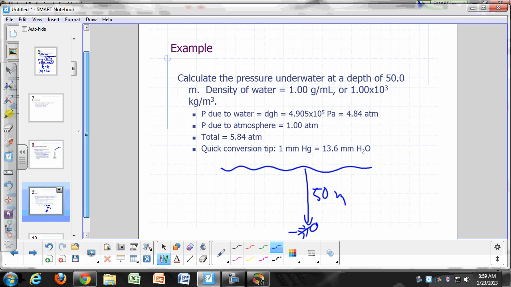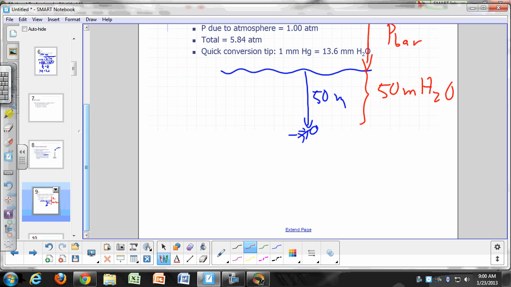Then what you need to do is calculate the pressure due to a column of water that's 50 meters. Okay, so that's 50 meters of water. Plus, you have to add to that the pressure due to the atmosphere, so whatever the barometric pressure is. So if you calculate the pressure due to water, what would it be?